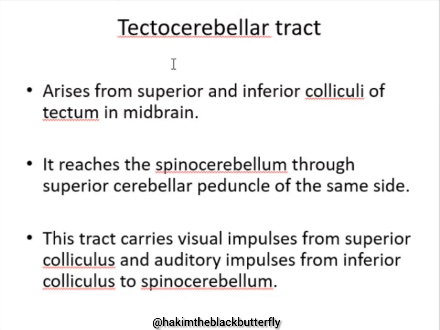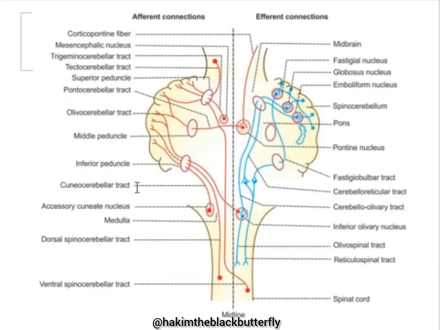Tectocerebellar tract from the midbrain, because in the midbrain is where you have the superior colliculus, which is the tectum, and it passes through the superior cerebellar peduncle and reaches the cerebellum of the same side. This is the tectocerebellar. From the tectum, it passes through the superior cerebellar peduncle and then enters the cerebellum. These are some of the afferent fibers passing through the superior cerebellar peduncle.